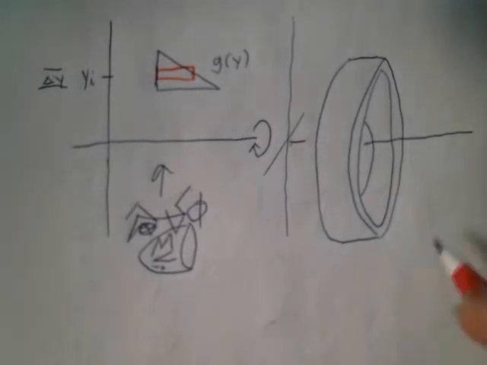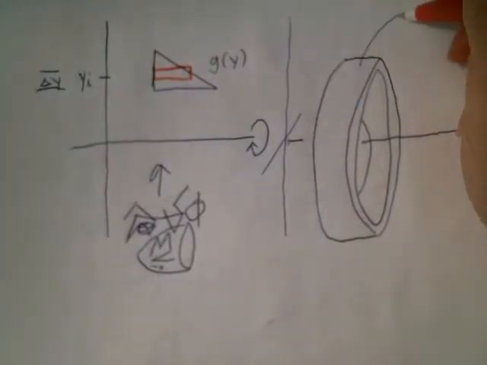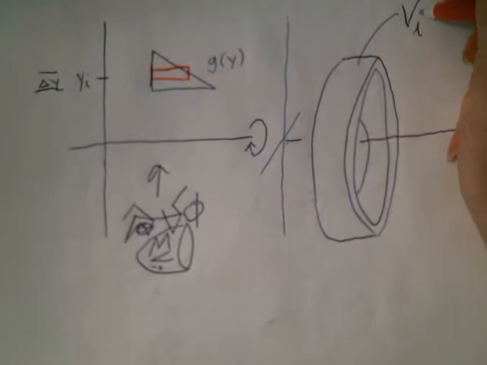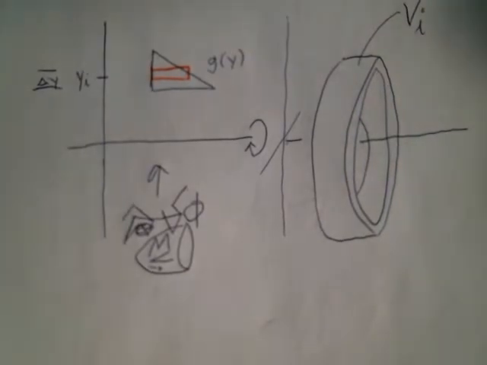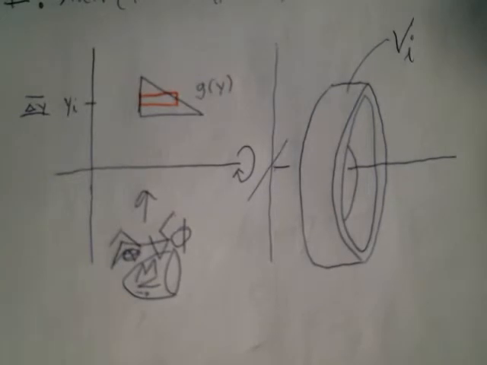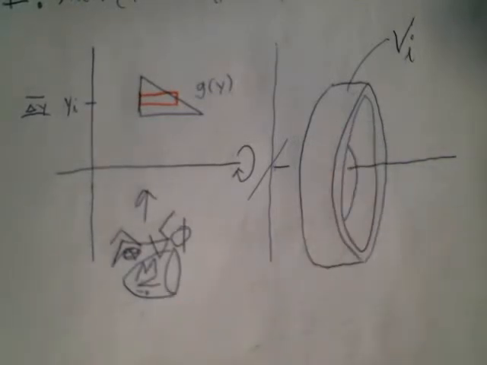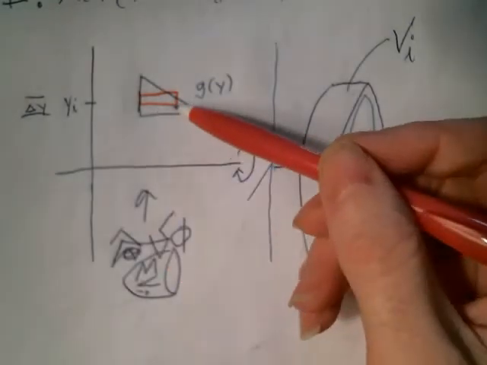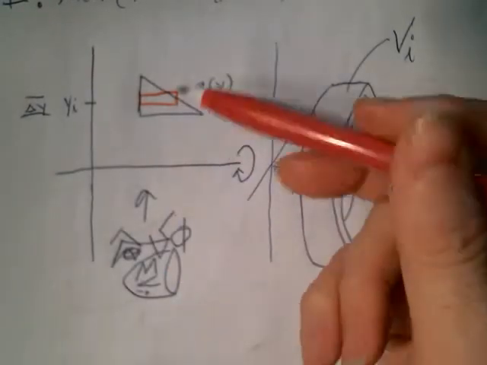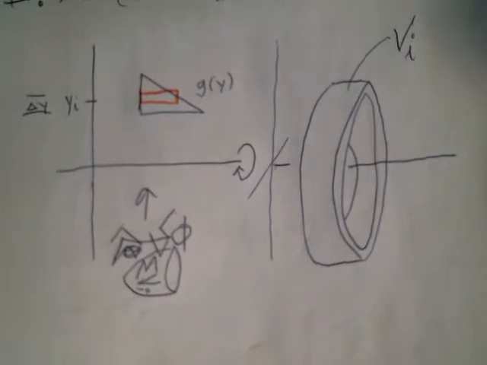Okay, so we need to know the volume for these objects that we're collecting, and then if we get the volume of these things, it'll give us an approximation for the volume of the object that's being traced out by revolving this rectangular region about the x-axis.